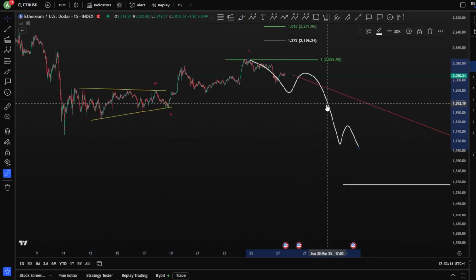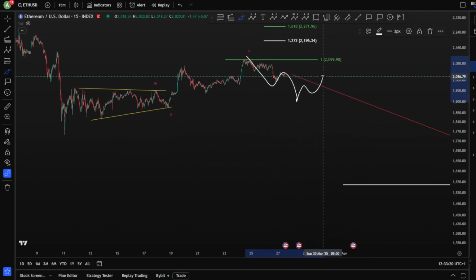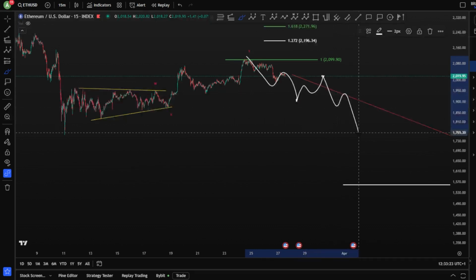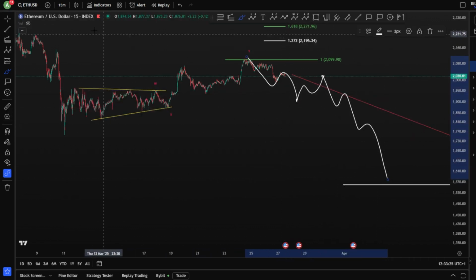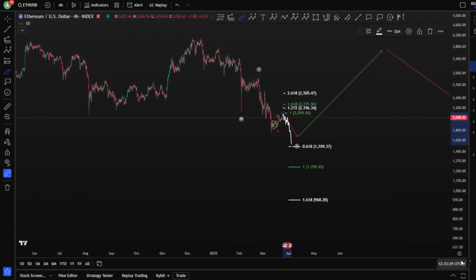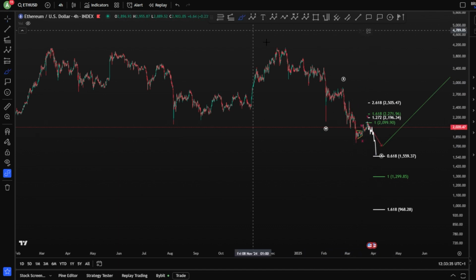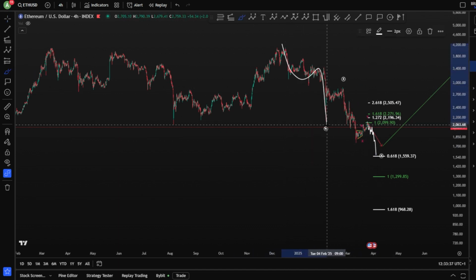After finishing 3 waves down here, let's say we've finished a structure. You get another structure of 3 waves and an impulse toward the downside simply to finish this corrective move, potentially reaching the 0.618 for a zigzag A, B, and a C, matching this move somehow.